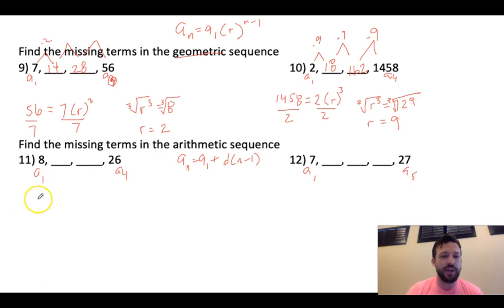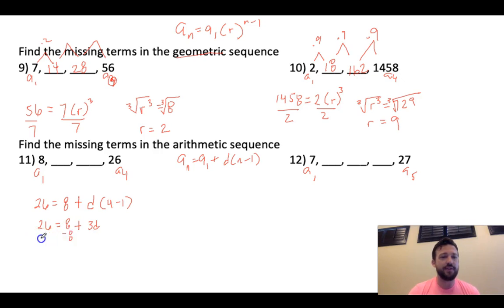So we got 26 equals the first term, 8, plus the difference, which we need to know, times n minus 1. So it's going to be the 4 terms minus 1. And this comes out to 26 equals 8 plus 3d, and you just go about solving it.